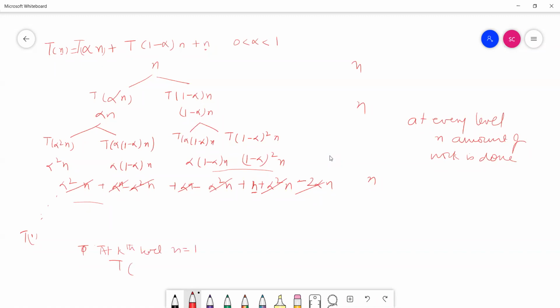So it means T(alpha to the power k n), and alpha to the power k n is equal to 1.